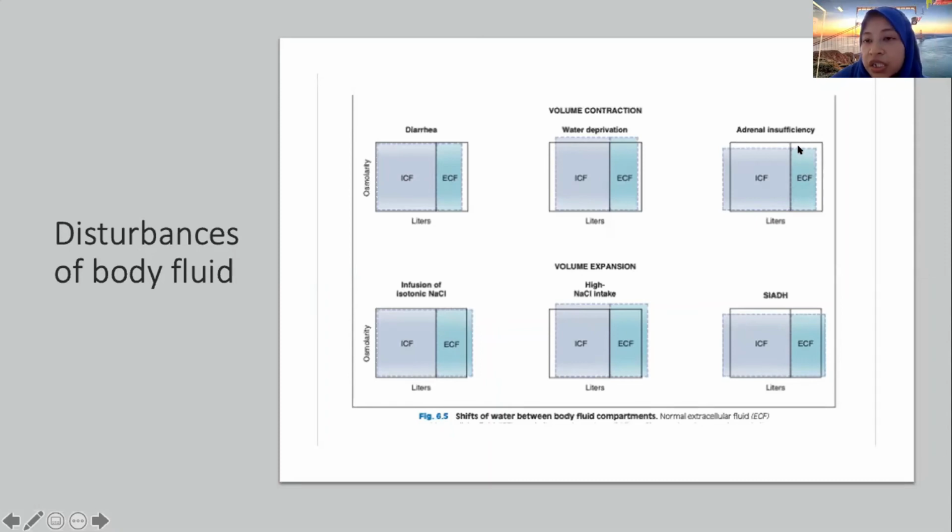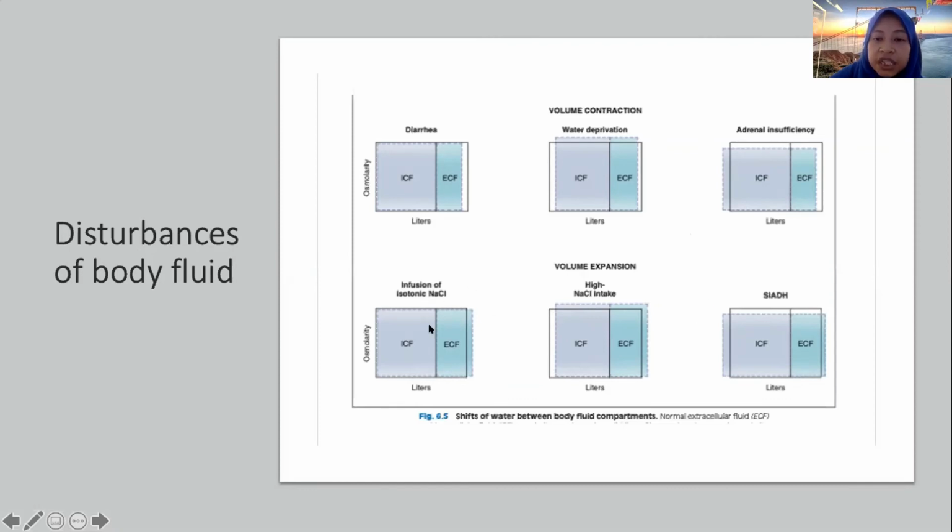When the osmolarity of the ECF is reduced, although the ECF is already contracted, the water in the ECF will tend to move into the ICF, until the osmolarity of the ICF is equal to the ECF. Therefore, you will have reduced osmolarity in the ICF as well.